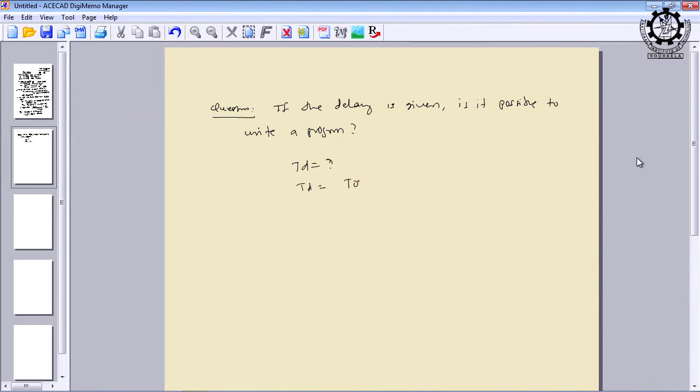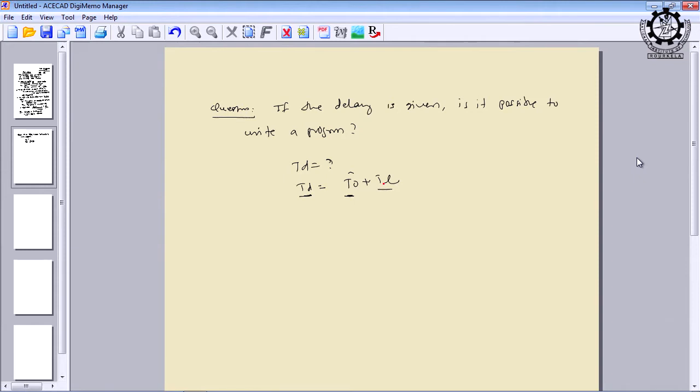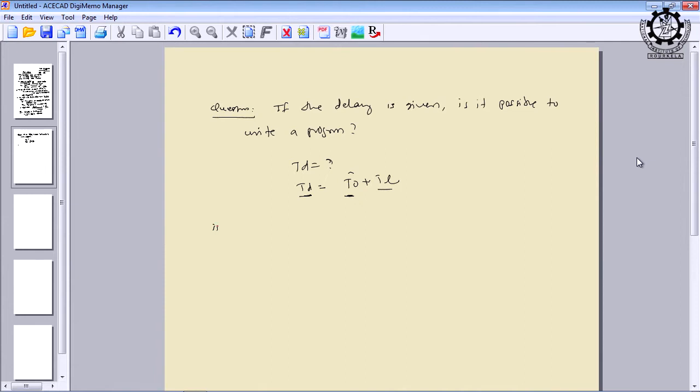Total delay equals T O plus T L, and you have to split this T D into 2 parts, T O and T L, outside the loop and inside the loop. You write a few instructions that will give you T O, and you write a loop that will give you T L. So, the reverse is possible. If the program is given, you can find the time delay, or if the time delay is given, you have to write a corresponding program which will take exactly the same amount of execution time. Is it okay?